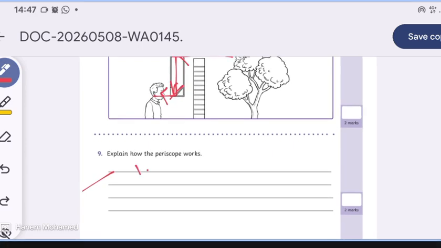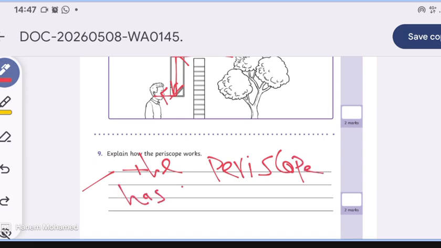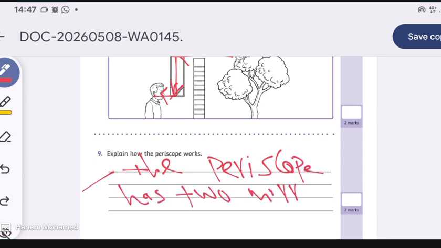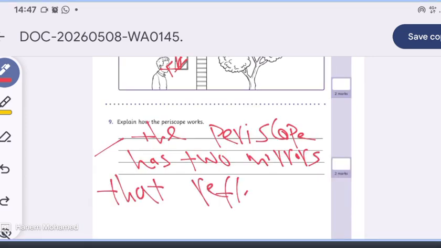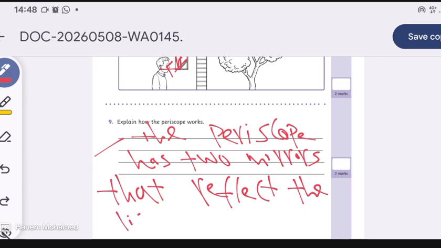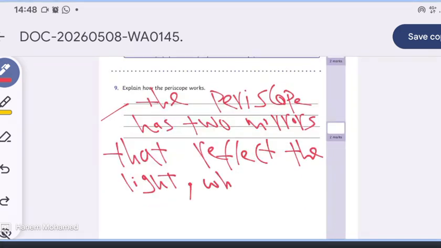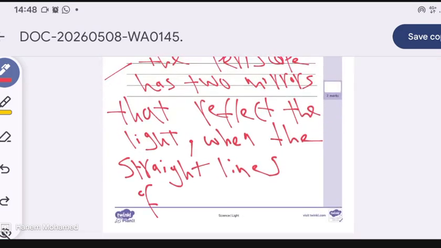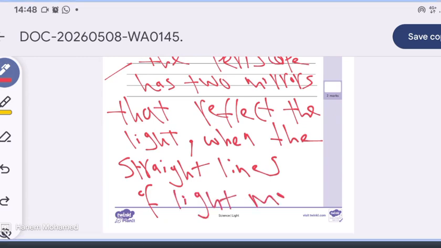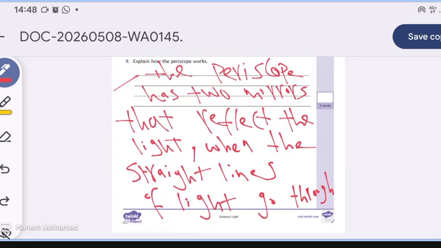You can say the periscope has two mirrors that reflect the light when the straight lines of light travel through the hole.